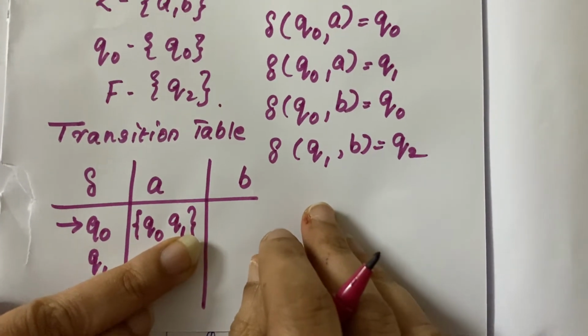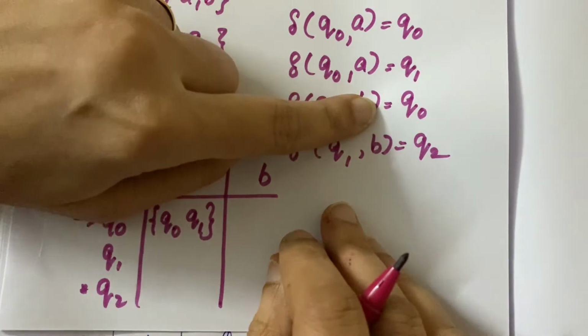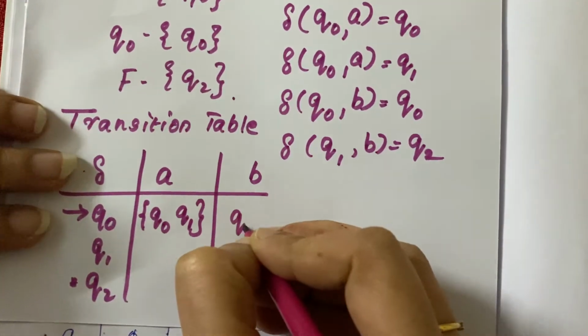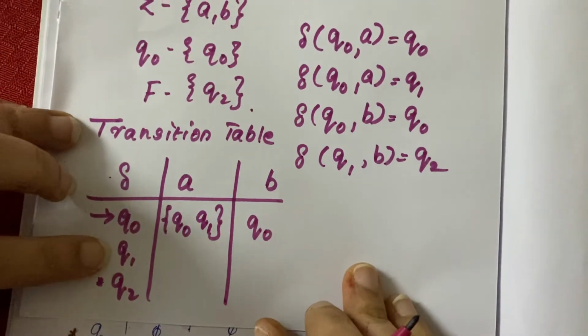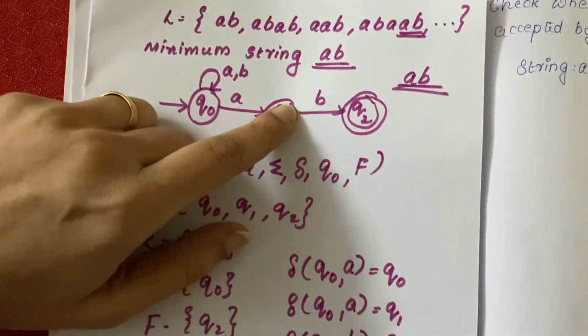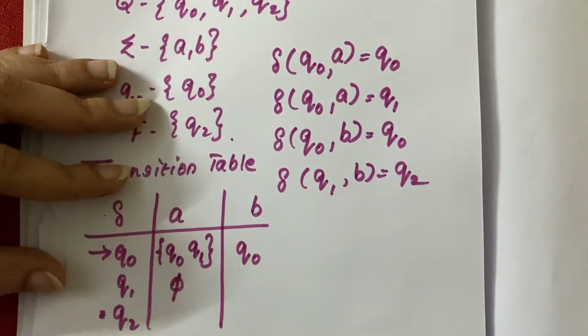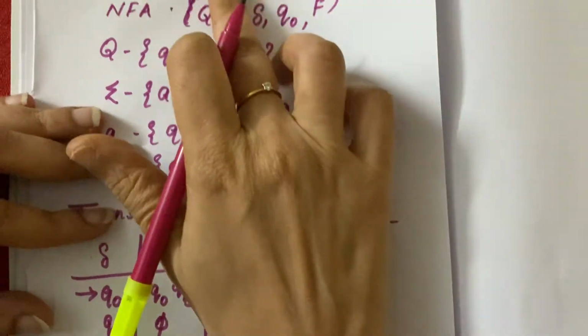Now Q0 on accepting B goes to Q0 itself. Q1 on accepting A: is Q1 accepting A here? No, it is not going anywhere, so you represent it as phi.